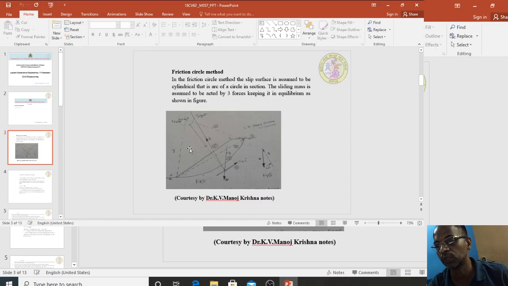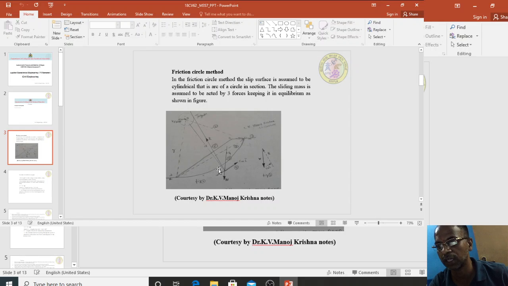Next, step 2: with O as the center and R sin phi as the radius, draw a friction circle. After drawing the friction circle, the next step is to calculate W, which is acting at a distance of x bar from O. So how to calculate W?